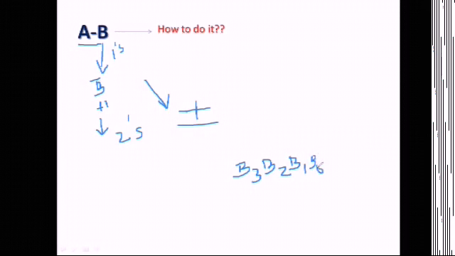This is one number, and another number is like this, A3, A2, A1 and A0, and there is a subtraction like this. You have to do the subtraction. How will you be doing it? You have to find the 1s complement.